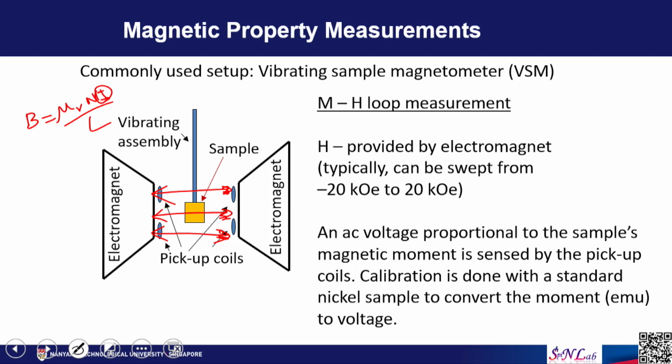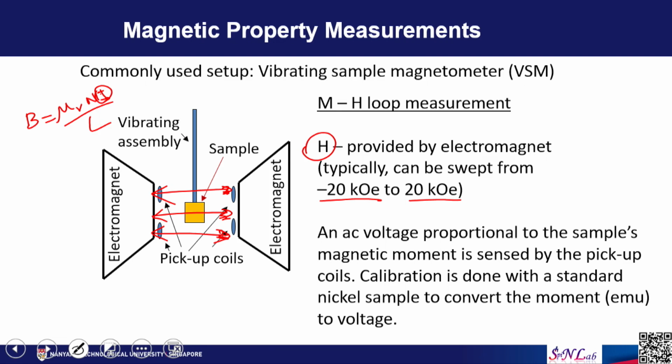You can change the direction and the strength of the field by changing the current direction and the magnitude of the current. Typically we can sweep the magnetic field inside this region from say minus 20 kilo-oersted to plus 20 kilo-oersted. These are typical values. In some equipment this may be 10, in some it may be 30. So, we sweep the field.